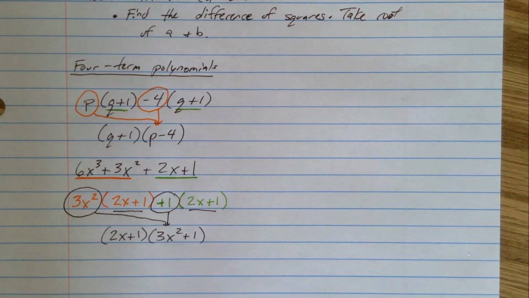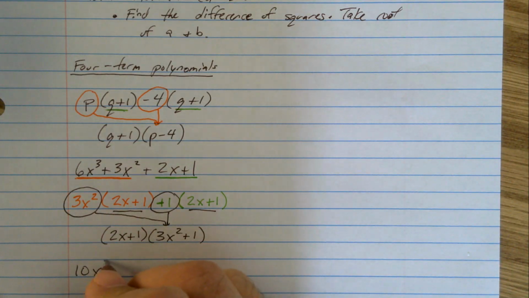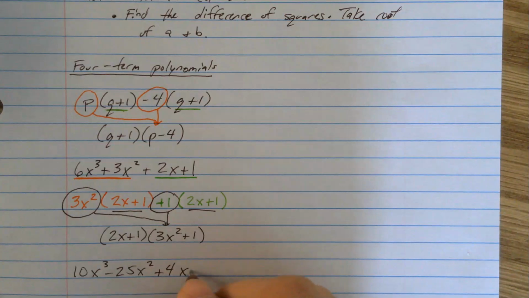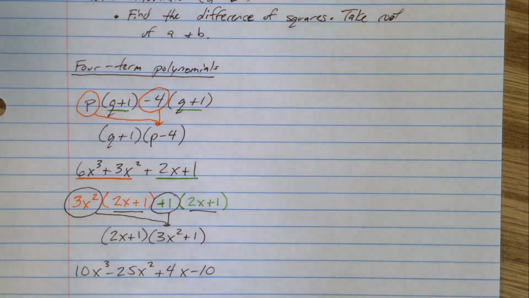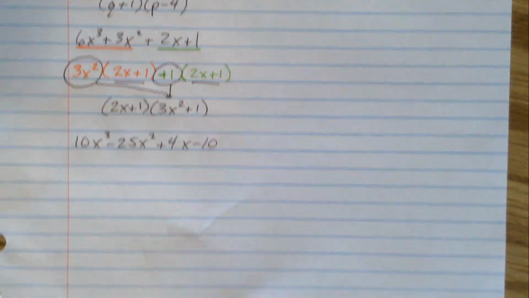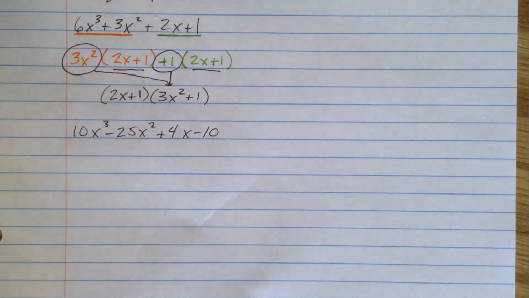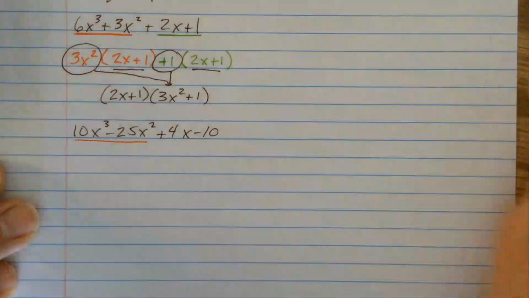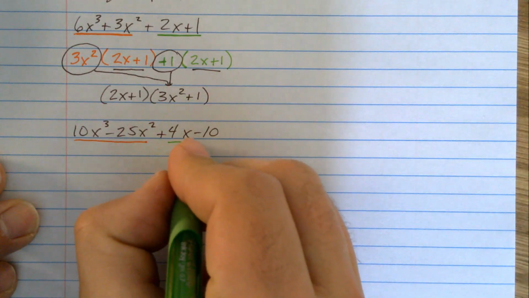All right, so let's say we have 10x cubed minus 25x squared plus 4x minus 10. So once again, I have four terms in my problem, so I divide it in half. Here's the first half of the problem, and here's the back half.